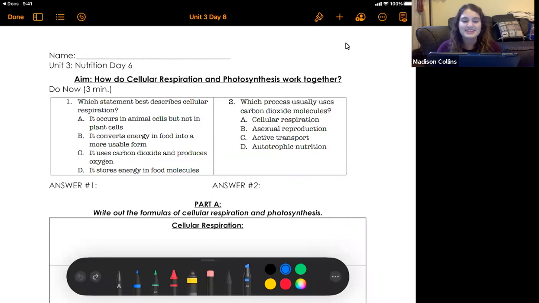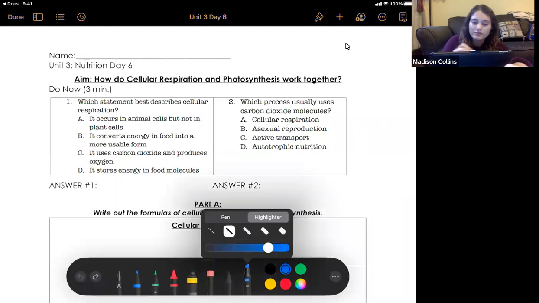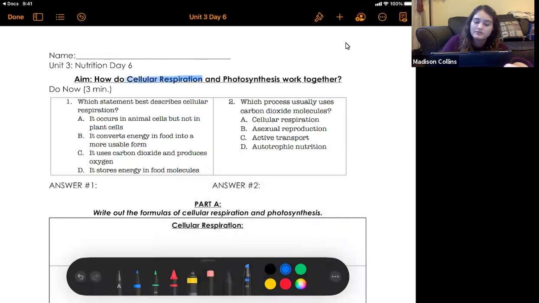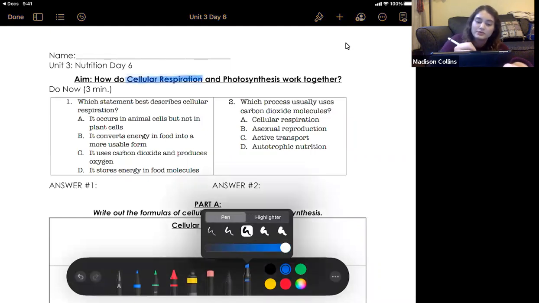All right, so today's aim: how do cellular respiration and photosynthesis work together? So by now, I hope that you know what these two processes are, but let's write down a few important details. So we need to note that cellular respiration happens in both plants and animals.